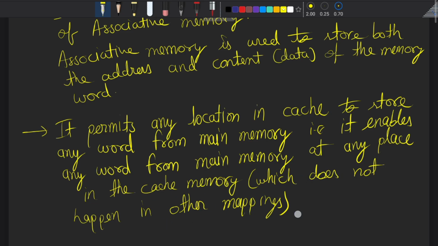As we discussed in direct mapping, each block in main memory could have only one location in cache memory. But here in associative memory, any block can have any place in cache memory.